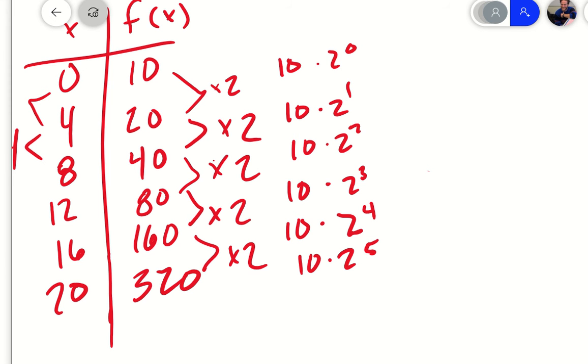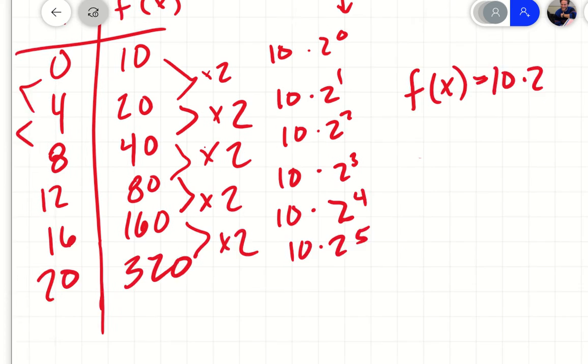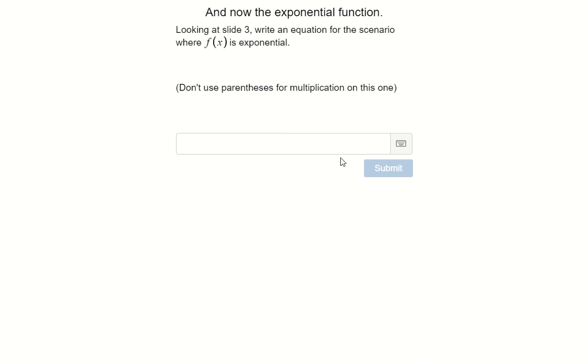So what we're seeing is our exponent is the number that's increasing, so we can already see most of our function here. It's 10 times 2 to what power, though? We can't just say x, because x is increasing in multiples of 4 over here, whereas it's increasing by 1 in this exponent. So to slow it down, we're going to say x over 4. The frequency is it's changing every 4 x's, so we're going to say x over 4. So 10 times 2 to the x over 4.